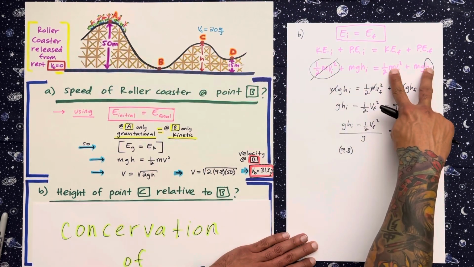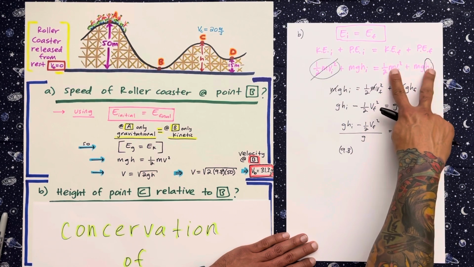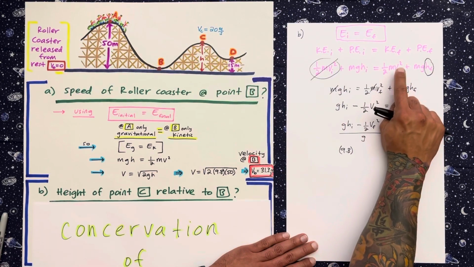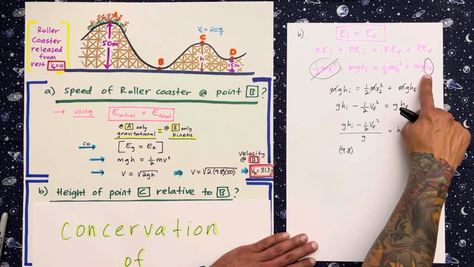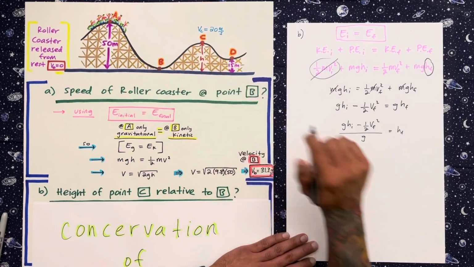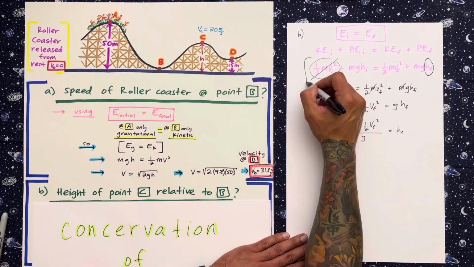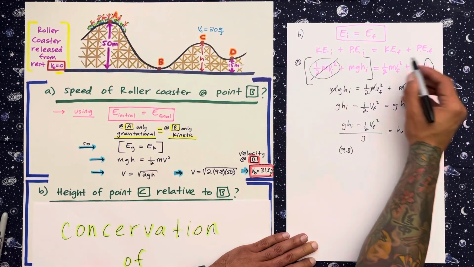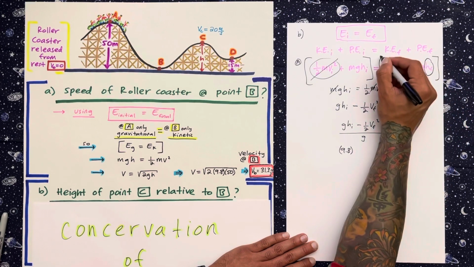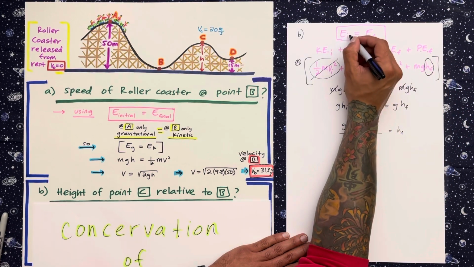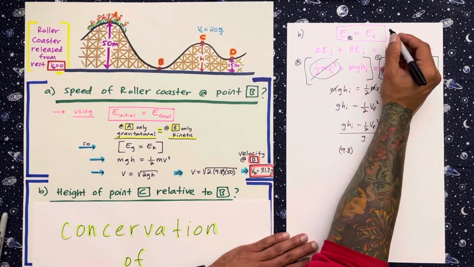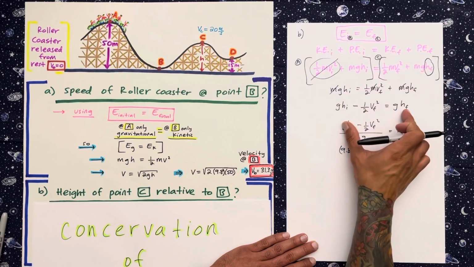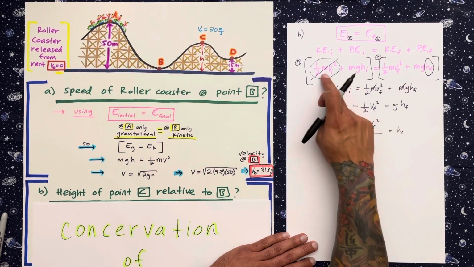And now this side here corresponds to everything that's here at C. We have a velocity final, yes we do, and height final, that's what we're trying to find. So in other words, everything here on this side corresponds to point A, and everything here on this side corresponds to point C. So energy initial of A, energy final of C. So we're going to bring that down and we're solving now. This got canceled out.